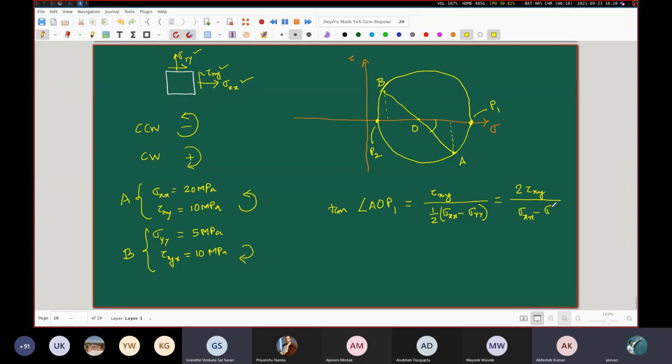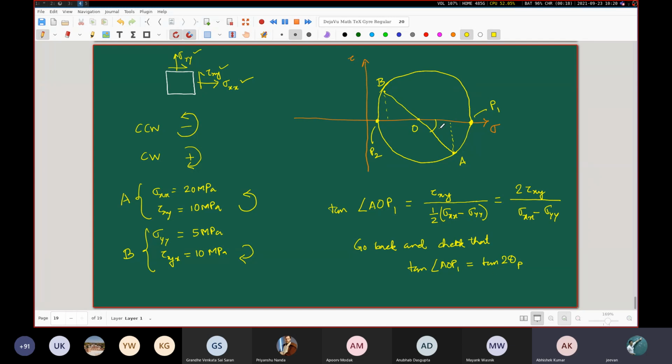So if you go back and check, this tan of angle AOP1 that we have just drawn is nothing but equal to the tan 2 theta p that we had earlier found out, where this theta p denotes the orientation of the planes on which the principal stresses are occurring. And it makes sense.